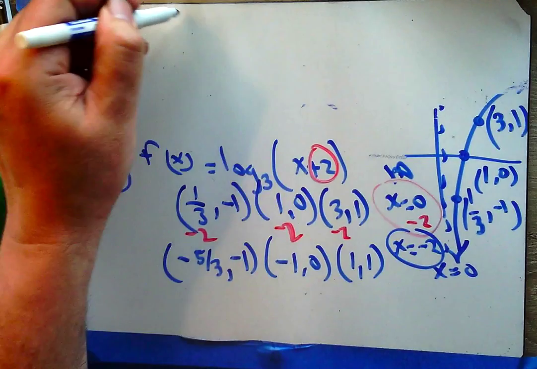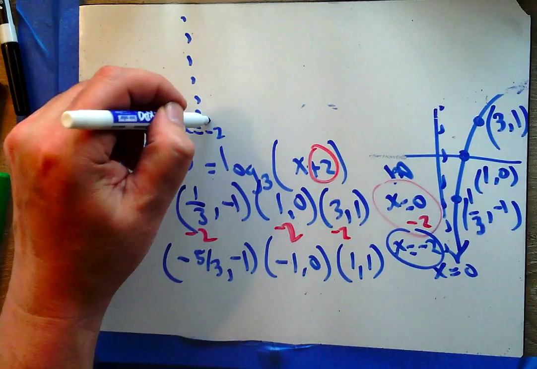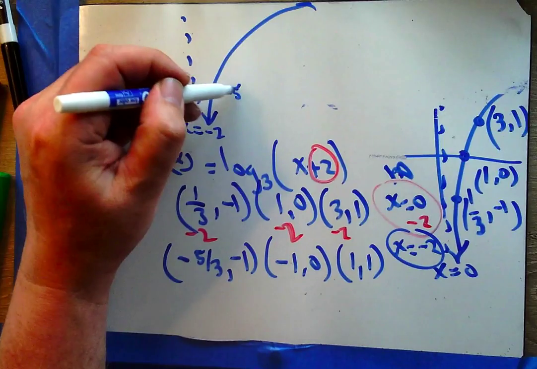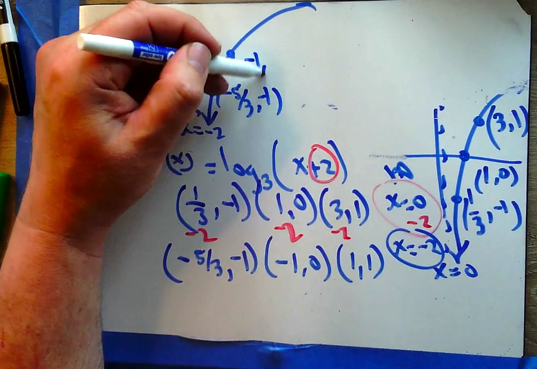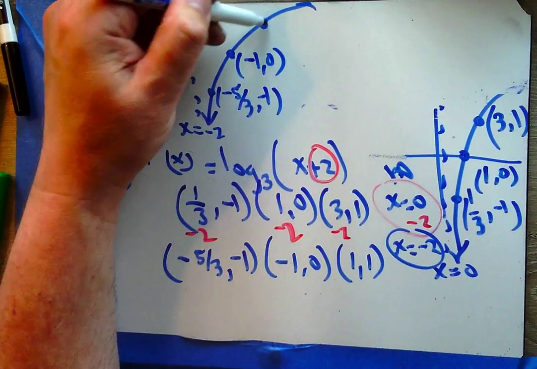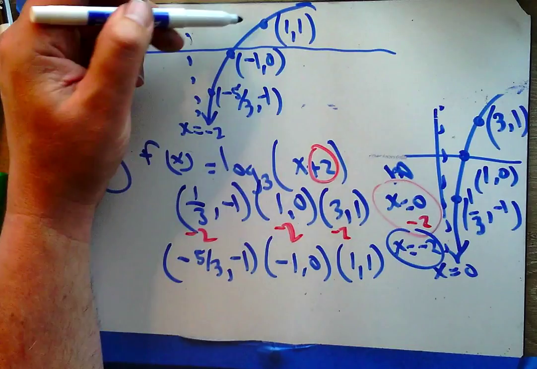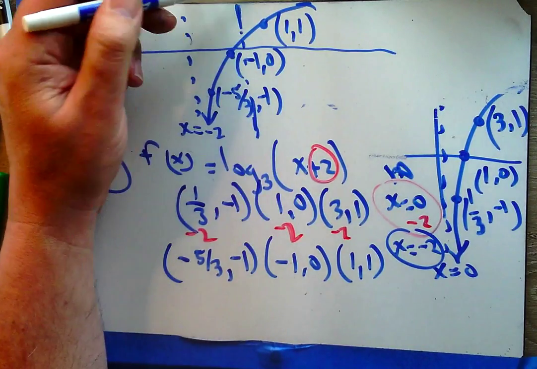Well, we've got our vertical asymptote at x equals negative 2. We have our characteristic shape with negative 5/3, negative 1; negative 1, 0; and 1, 1. So here's my x-axis and my y-axis would be here somewhere.